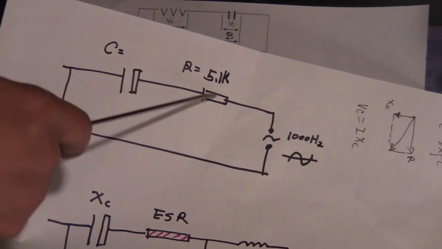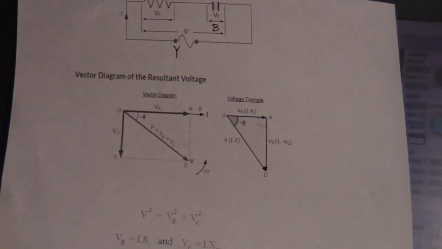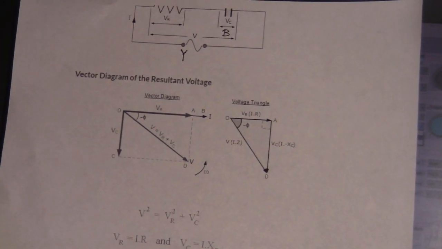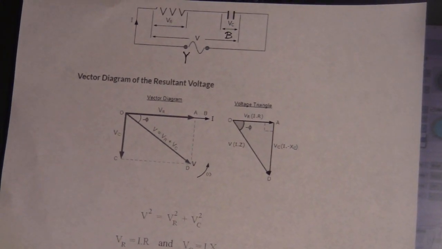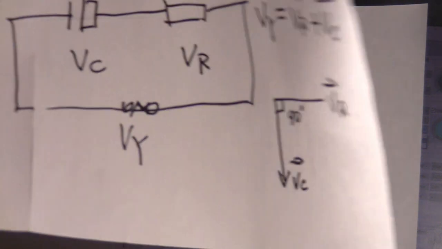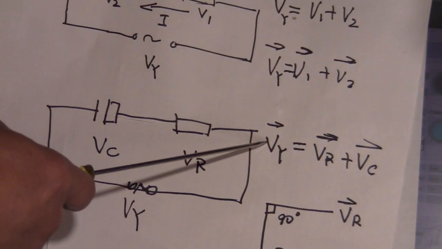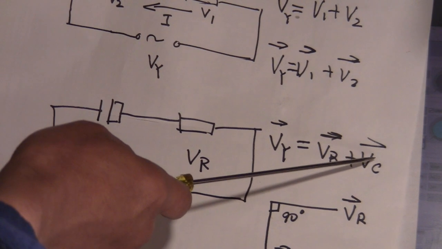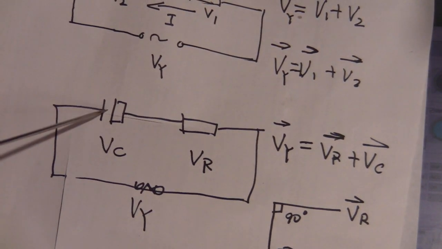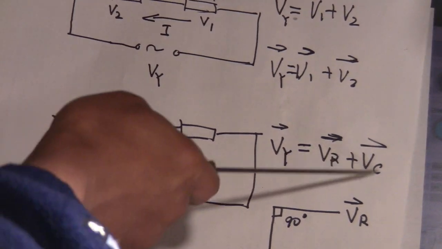These two added together. That added together is not just a simple value add. It is the vector add. See that? Vy equals VR plus VC. It's a vector adding.